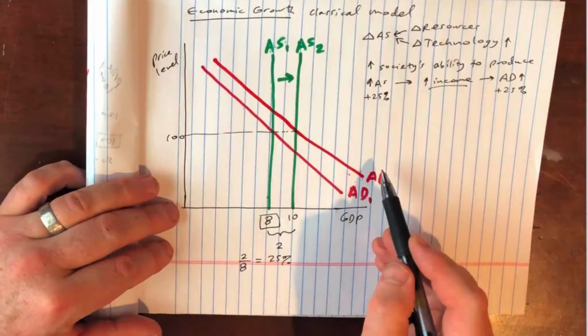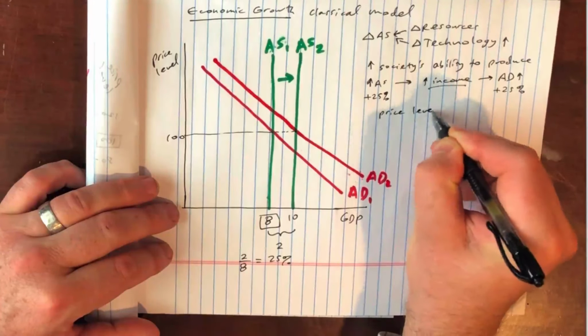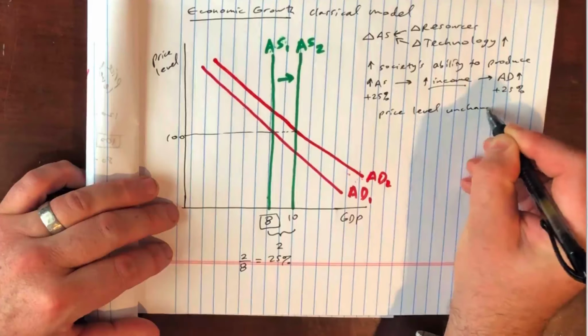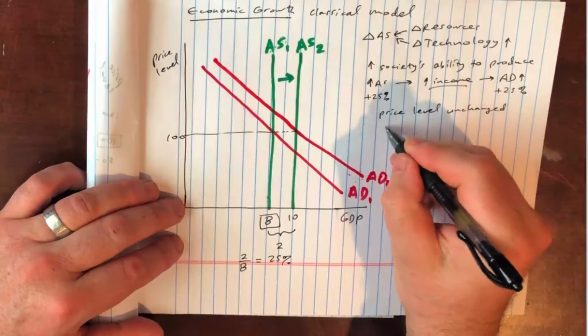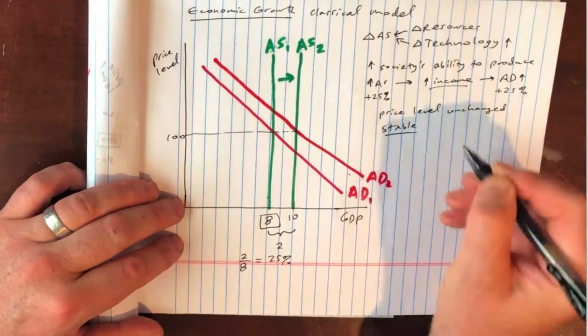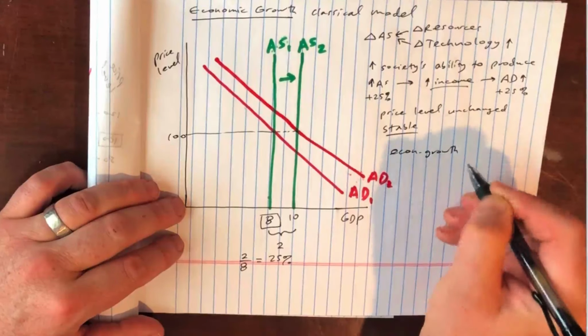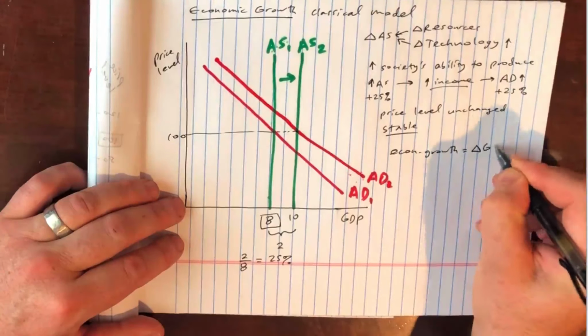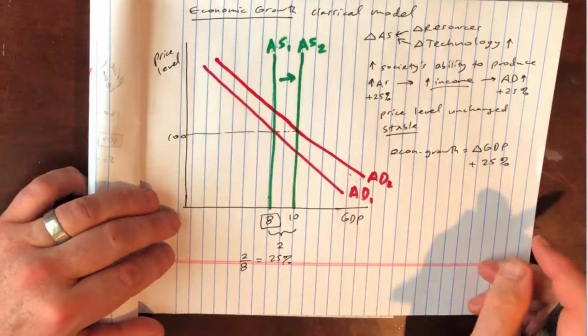The change is exactly commensurate, and notice that the price level is going to be unchanged according to these assumptions. So we end up with a stable price level, but we end up with economic growth, because remember, economic growth is the change in GDP, which we can see has gone up by 25%.